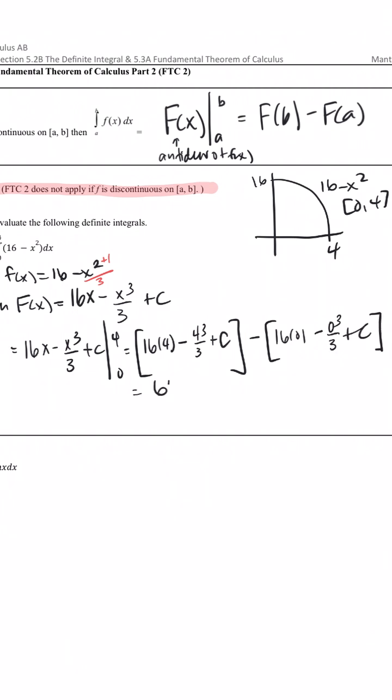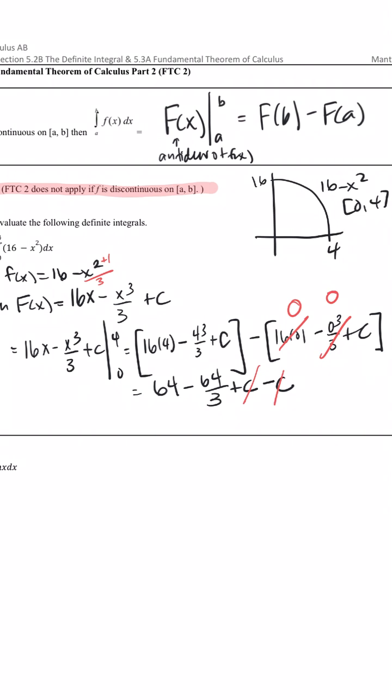So this is going to be 64 minus 64 thirds plus c. Then I've got 0 and 0, so I'm going to have minus c. Those c's are going to cancel out. This is the one and only time you really have to show the c's canceling out.